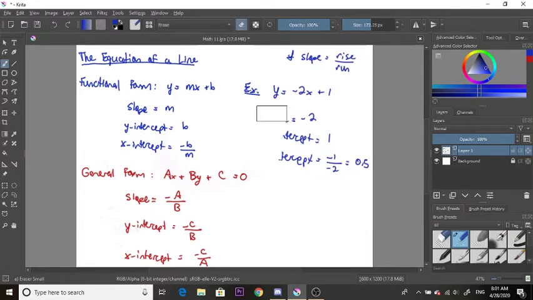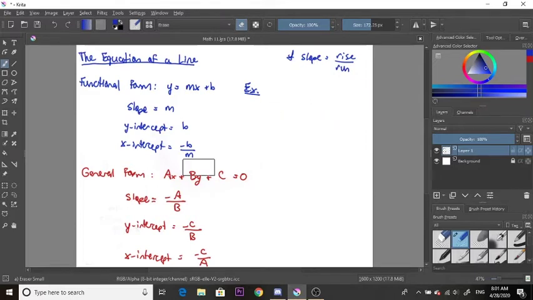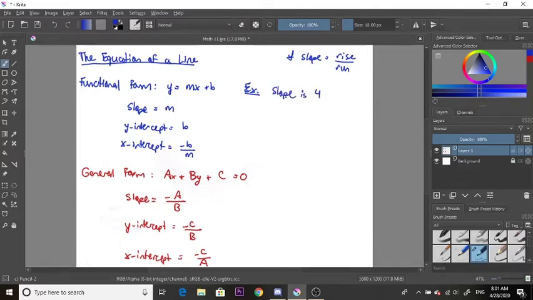Similarly, if we're given that kind of information, we can find what our formula is. So let's say that we know the slope is 4, and we know that the y-intercept is -13.